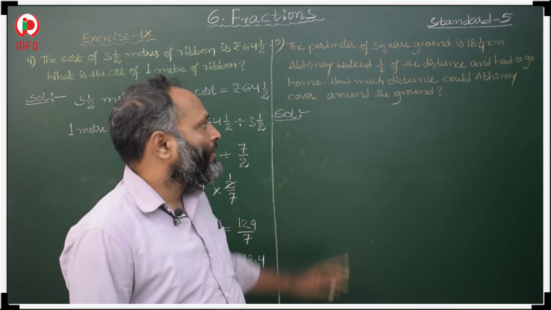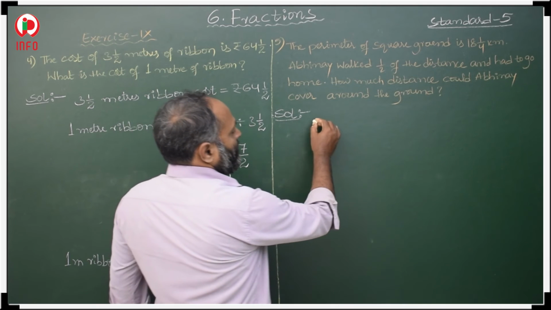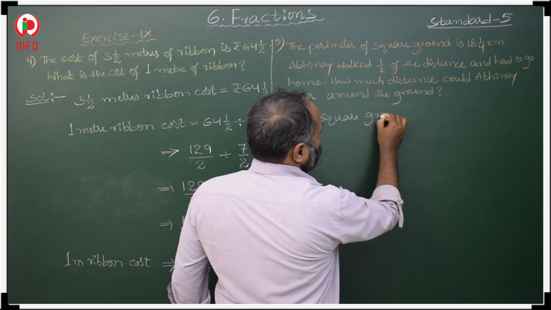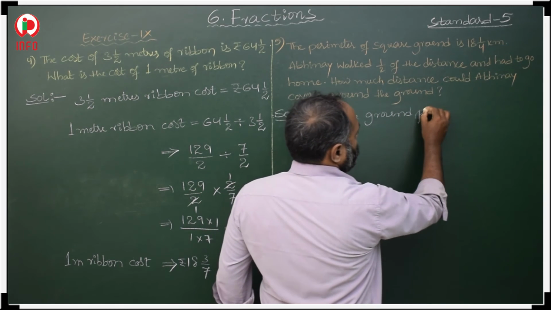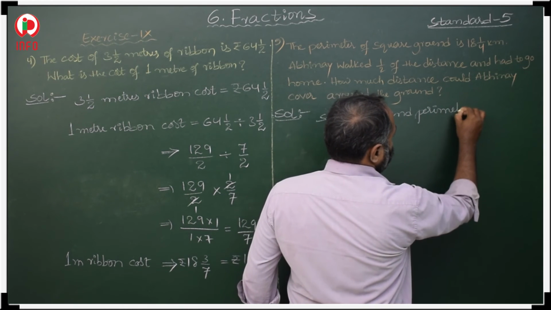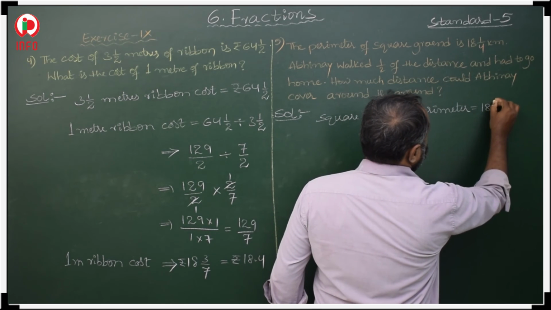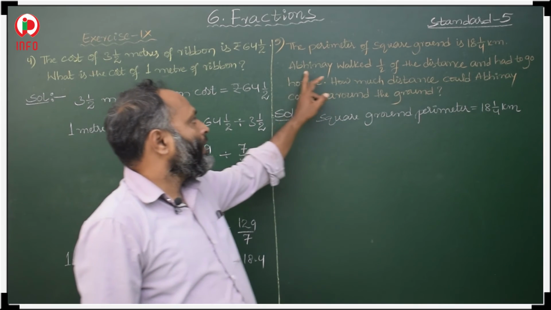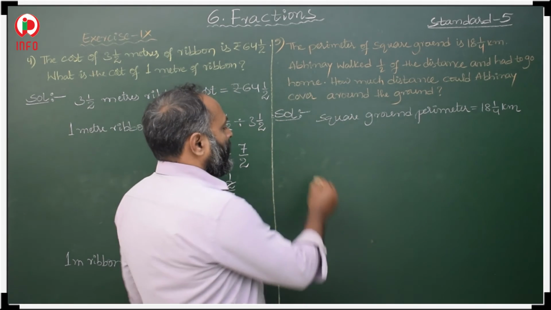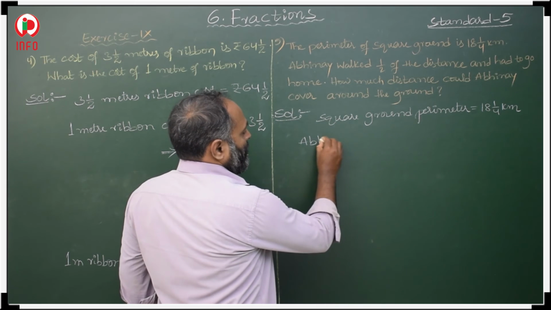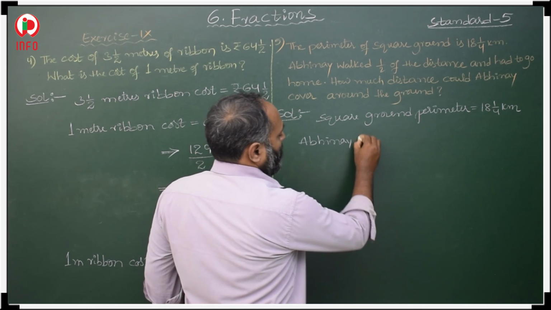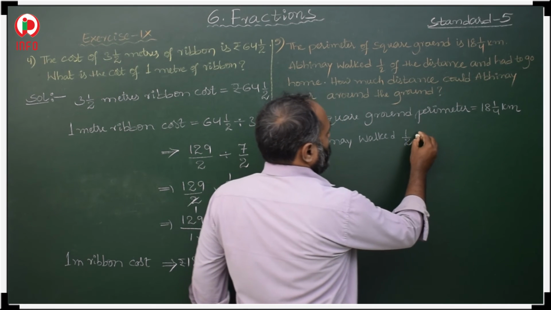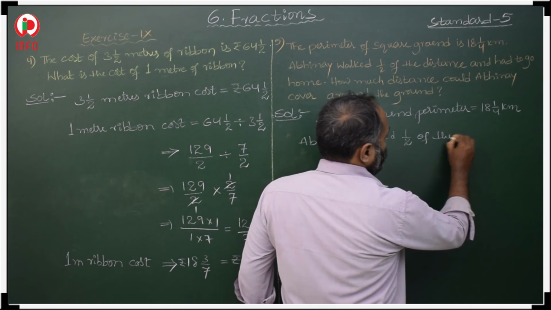First we have to write the steps. First step: the square ground perimeter is 18 1 by 4 kilometers, 18 1 by 4 kilometers. Of that, Abhinay walked half of the distance. Abhinay walked half, meaning 1 by 2 of the distance.